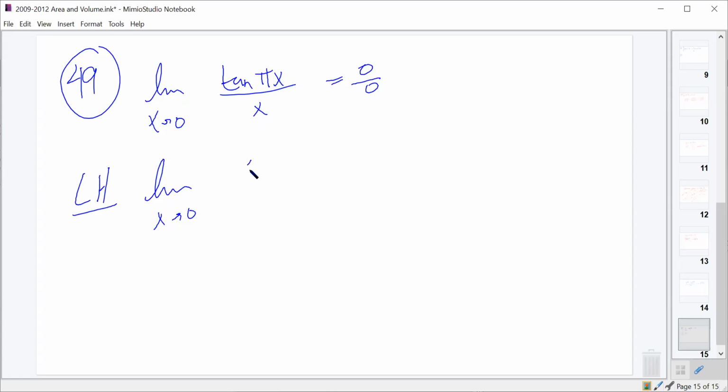So the derivative of tangent pi x is secant squared pi x times the derivative of pi x, which is pi, all over 1. And so then you'll plug in 0 to that. And you've got pi times the secant squared of 0, which is, secant of 0 is 1. So you just end up getting pi for 49. That makes sense for 49, everybody?